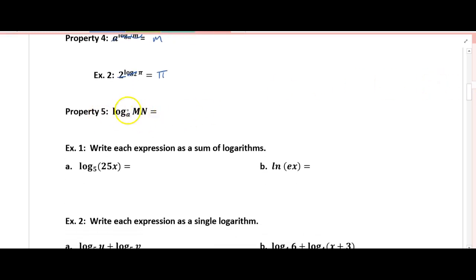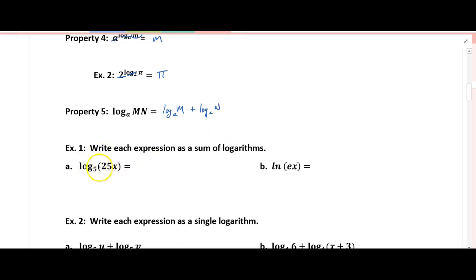Now, property 5 is an important one. If I have log base a of m times n, what I could do is take this log and break it up into 2 logs. I could do log base a of m, and then add log base a of n.